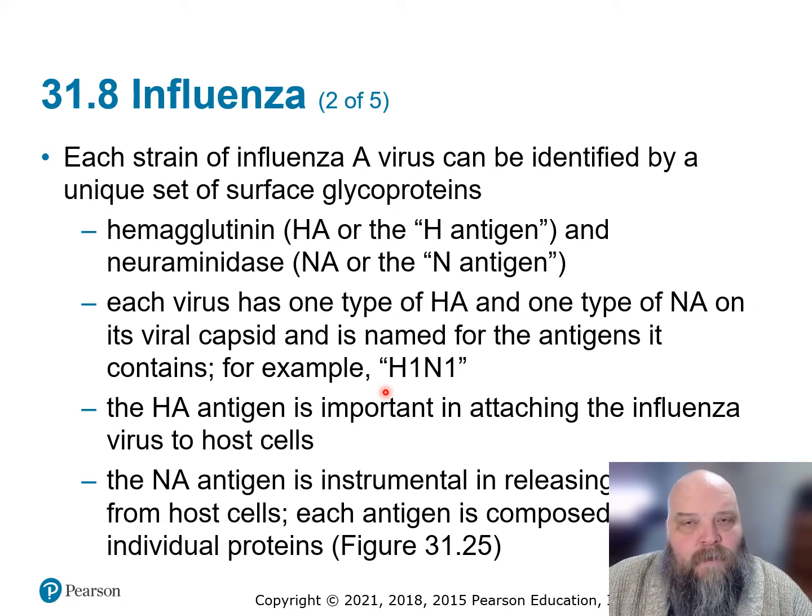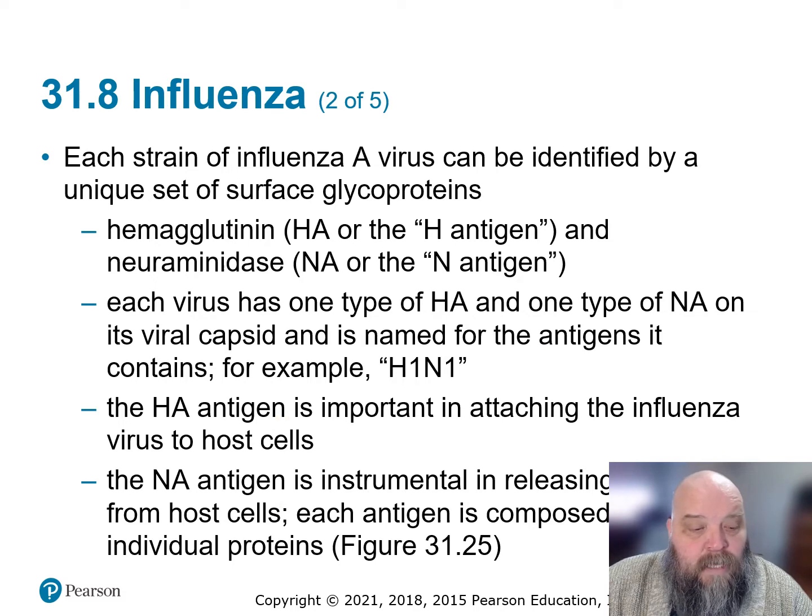It's the 7th version of hemagglutinin they've identified, and it's the first neuraminidase that's been identified. Certain combinations, H1N1 versus the others, is more virulent, does more damage, more easily communicable, causes a more severe disease. Others, not so much.